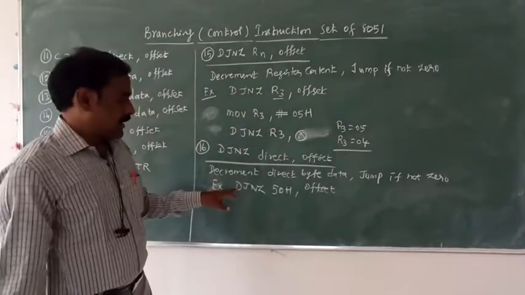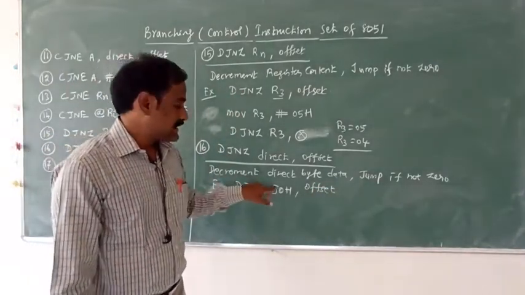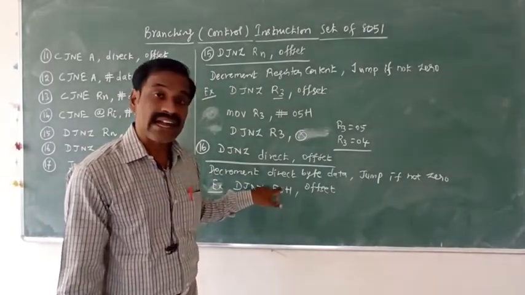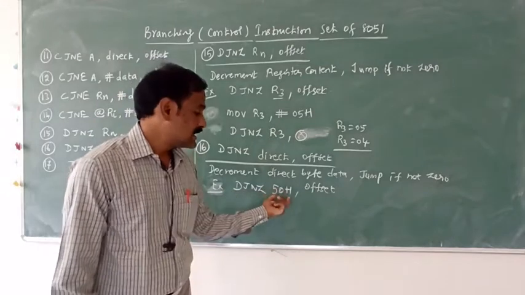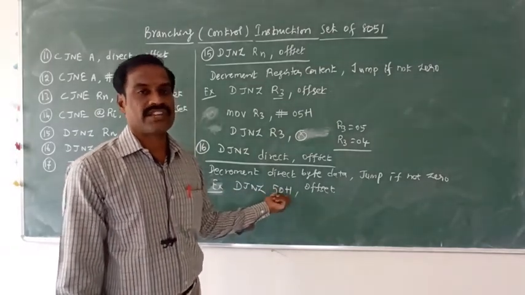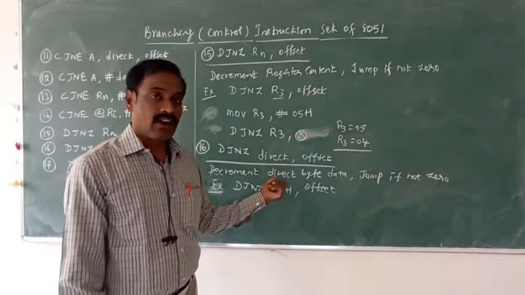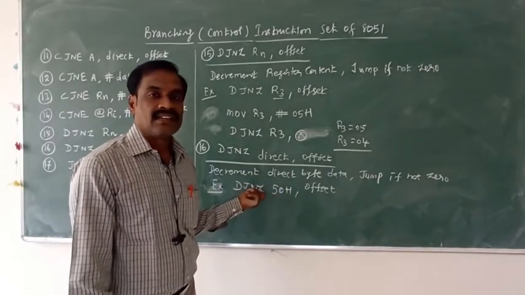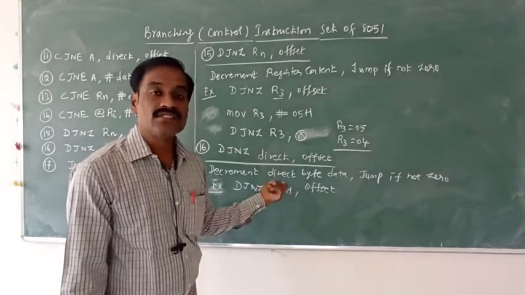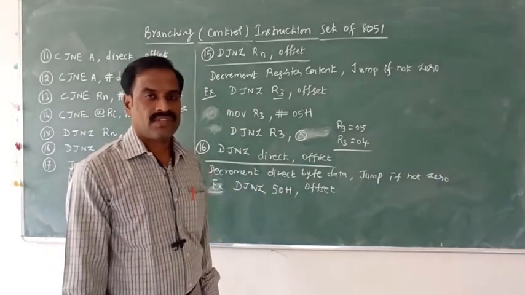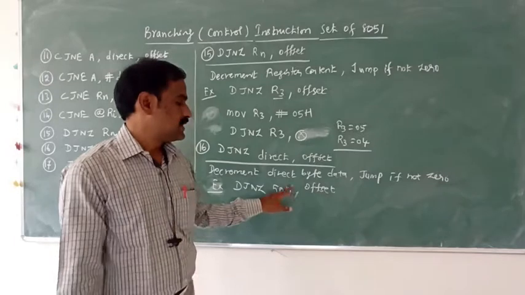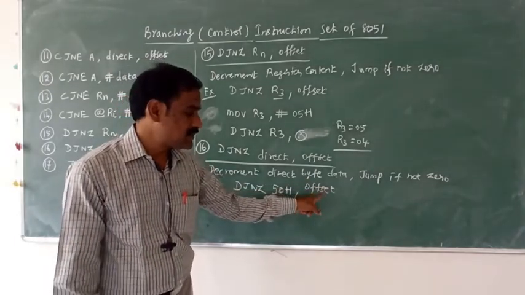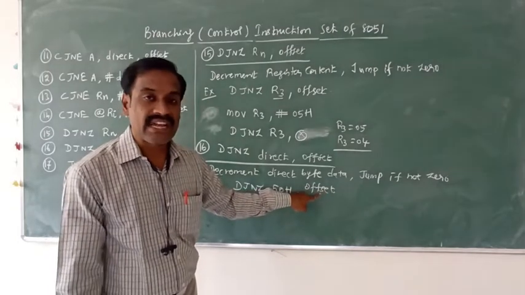Okay, decrement the given direct memory address location data. It will not decrement the address, it will decrement the given memory address location data. After decrementing, it will check the condition whether that memory address location data is 0 or not. If not 0, this condition will be satisfied. Satisfied means jump to the given memory address location.